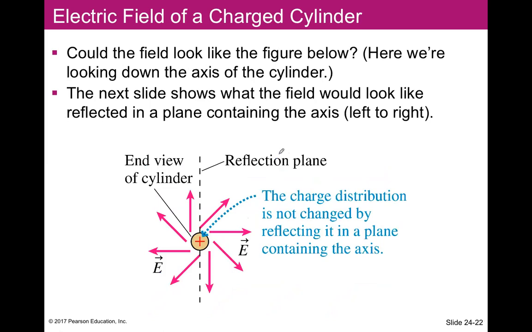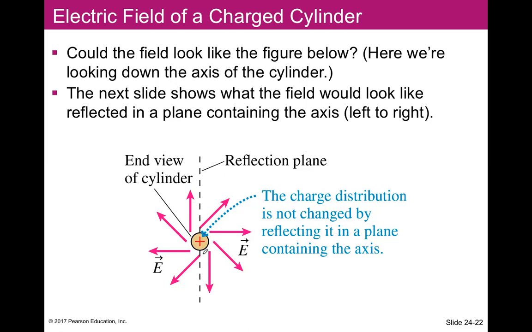Okay, another thing. Could the field lines look like the figure shown here? Is it possible? No, not possible. Because we talked about the other symmetry for a cylindrical distribution, which is if you make a cut or have a plane which goes through the center line of the cylinder, then the reflection should be the same as the original distribution.